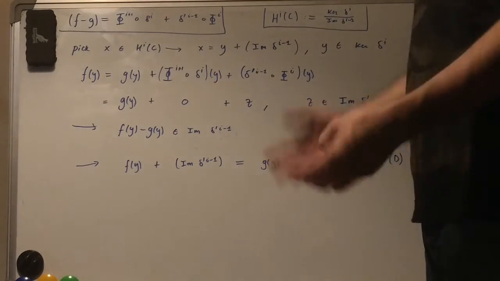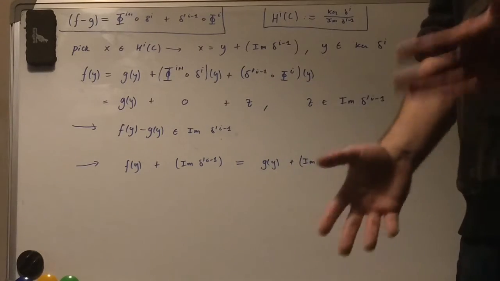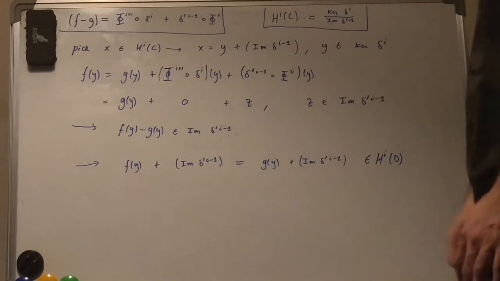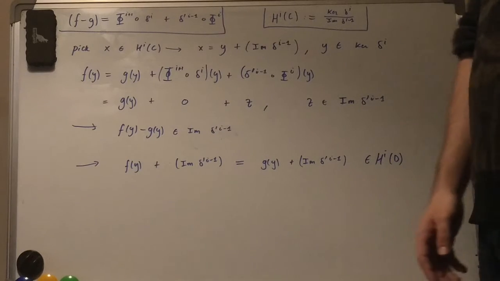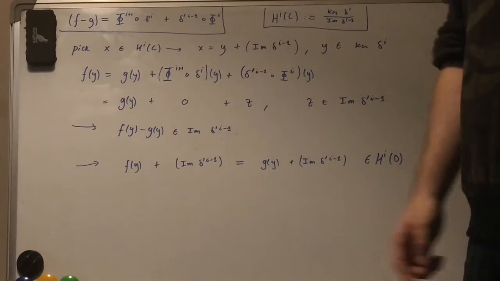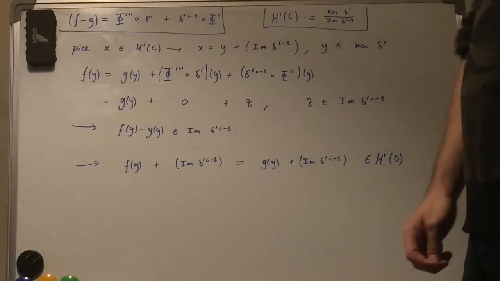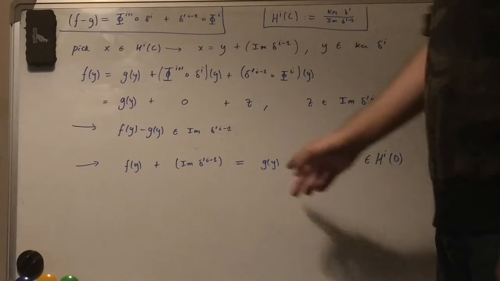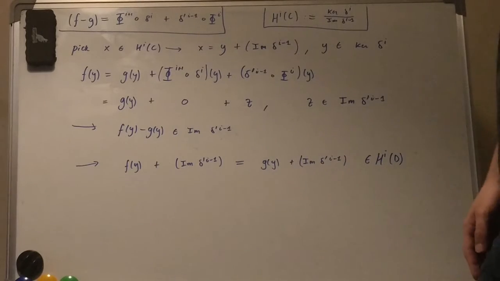So a strategy to show that these two induced maps of ith cohomology groups are the same is to pick one of the cosets and see where it goes under both maps, and show that the representatives differ by an element in this set.